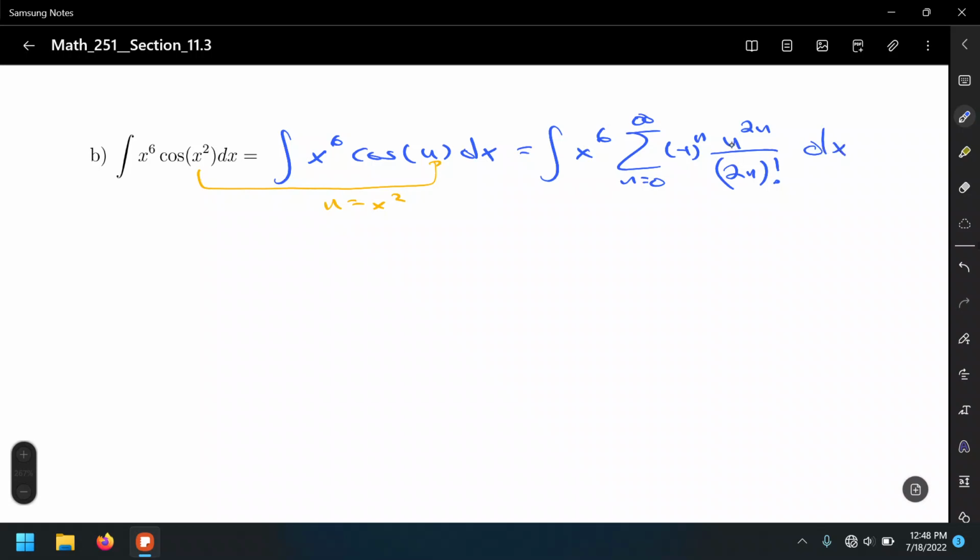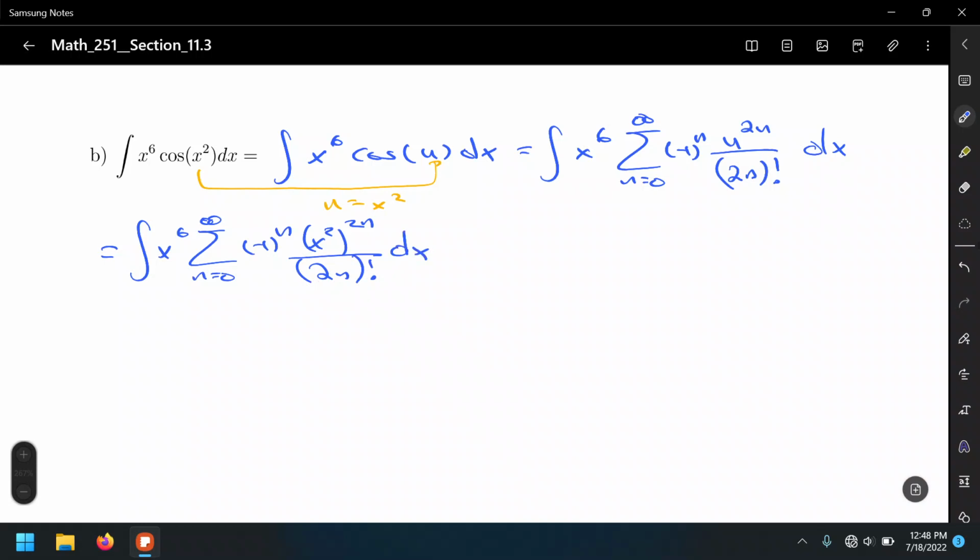So let's go back and substitute for u. That will be the integral of x to the 6th, sigma n equals 0 to infinity, negative 1 to the n, u, which is x squared, to the 2n over 2n factorial with respect to x.